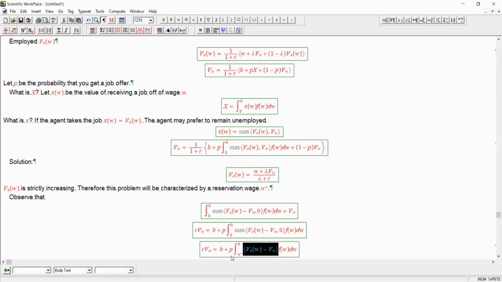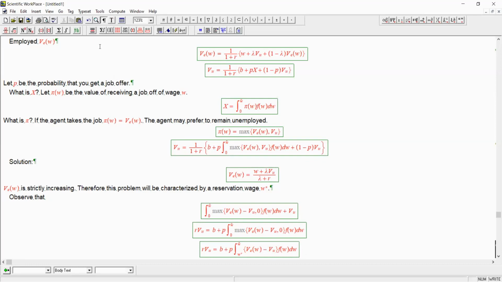And here a change in status occurs with probability P, conditional on a wage offer being higher than the reservation wage. Essentially, this is an option value. The flow value of this option, the option of being unemployed, which ultimately is the option of accepting or not a job offer if you get one, is the flow payment, plus the value from exercising that option if it's in the money. And of course, the option being in the money means that it's better to exercise the option than to stay where you are.